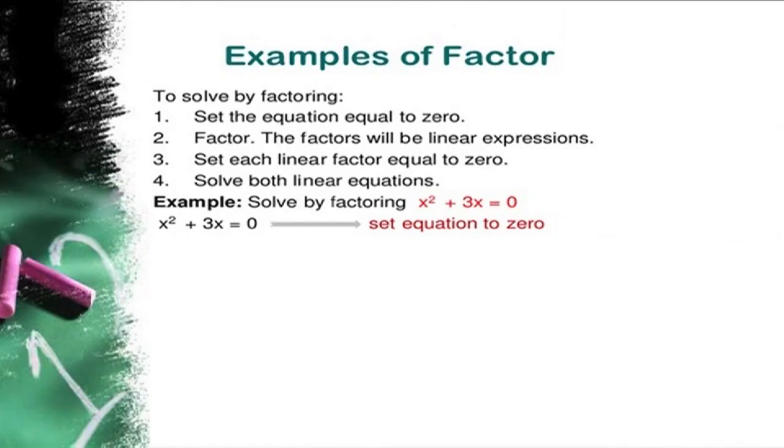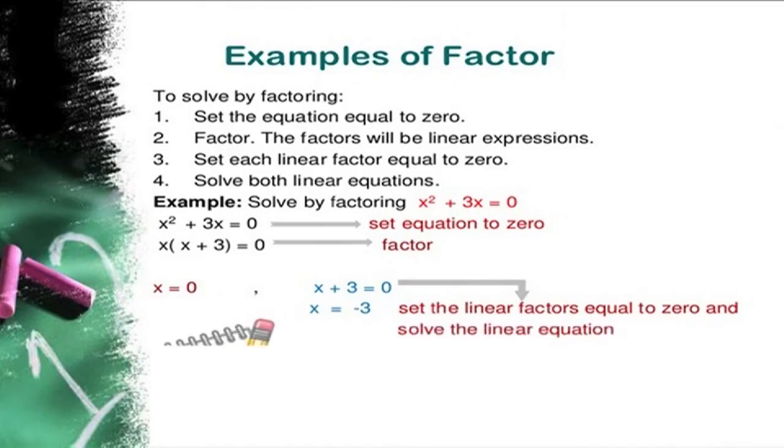Set the equation to 0 and the factored form will be x(x + 3) = 0. Now either x = 0 or x + 3 = 0, which gives x = -3. That is, set the linear factors equal to 0 and solve the linear equations. So x has two values, one value is 0, another value is -3.